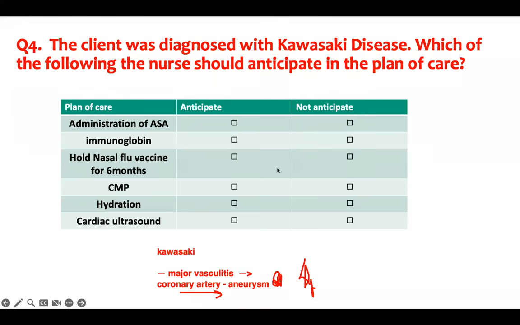And what do we do to prevent this problem? We give them aspirin, okay? And then we give them immunoglobulin. These two will prevent the aneurysmal formation. So we help in the prevention of the coronary disease and then lowering the fever. So that is the main reason we give it to them.